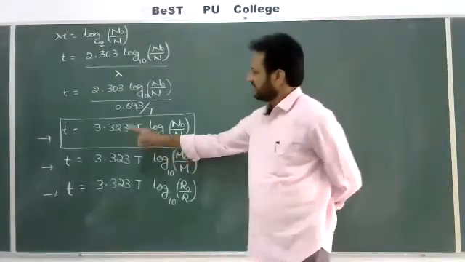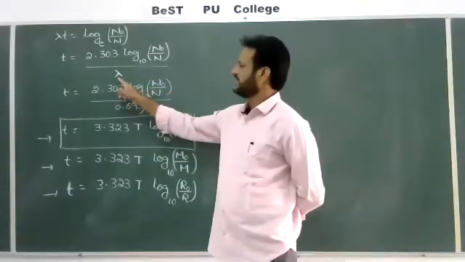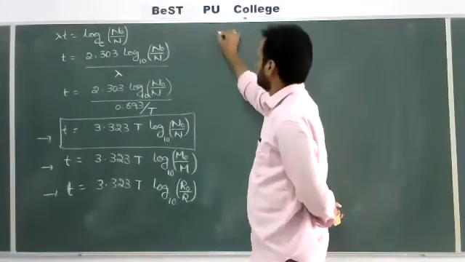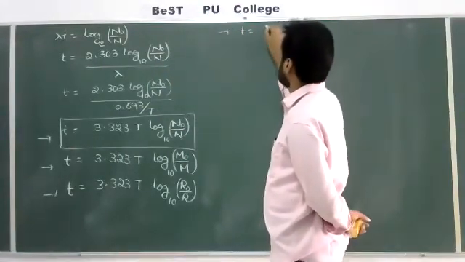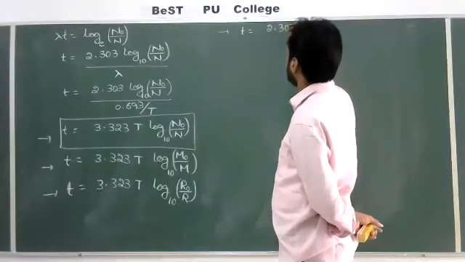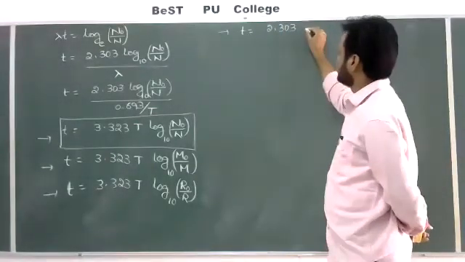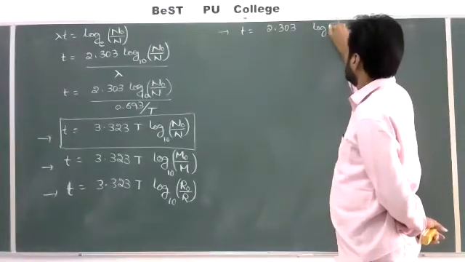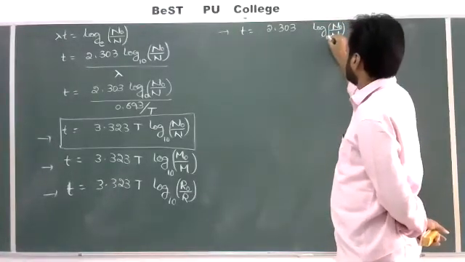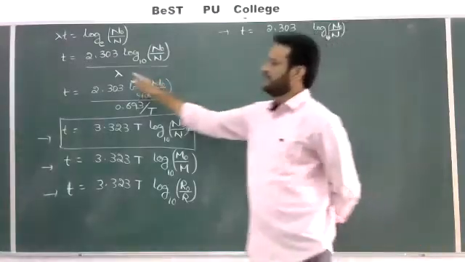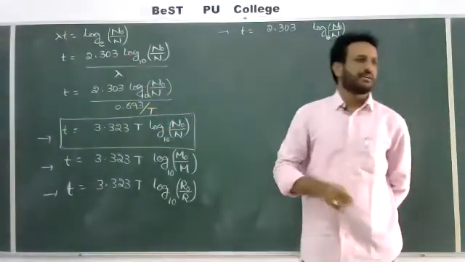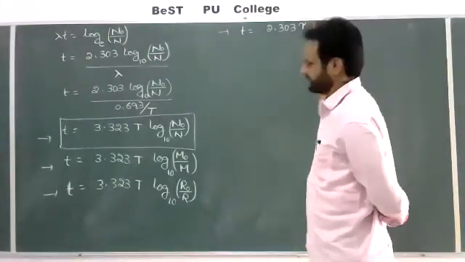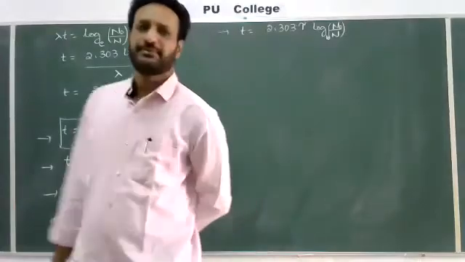And in this, whatever I have substituted for lambda, we can write 1 by lambda is equal to tau, the mean life, from this formula. t is equal to 2.303 into log N naught by N base 10 divided by lambda. But 1 by lambda is nothing but the mean life, tau. So we can also write tau here. Without the half-life, we can write tau also.